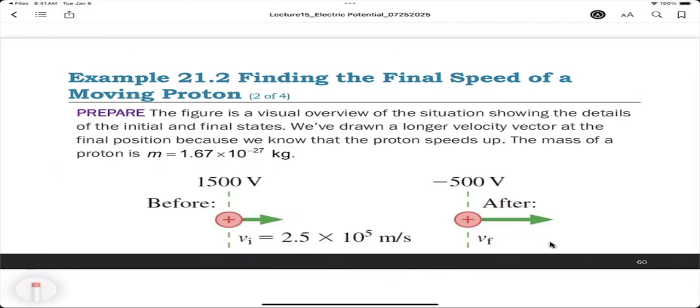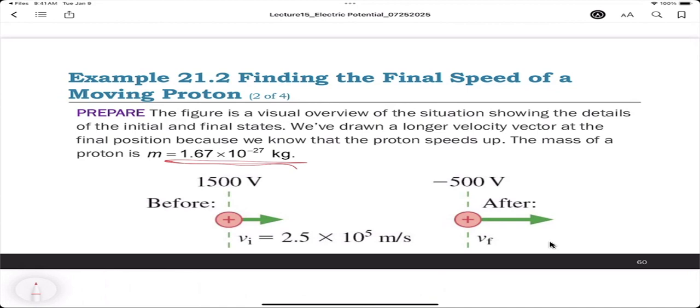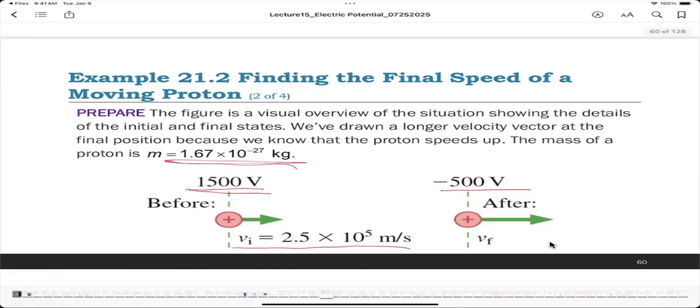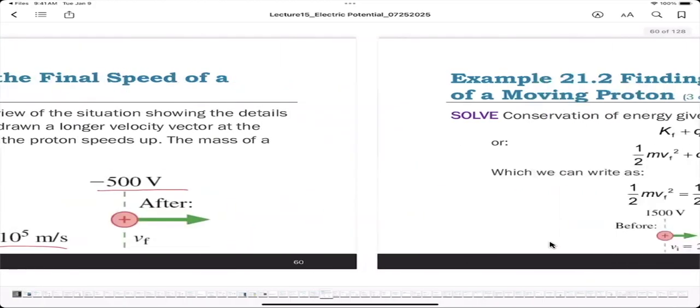The mass of a proton is a constant value. You can see before, the velocity is this one and the electric potential is this one, and after that the electric potential is this one, and then we need to calculate the proton speed.